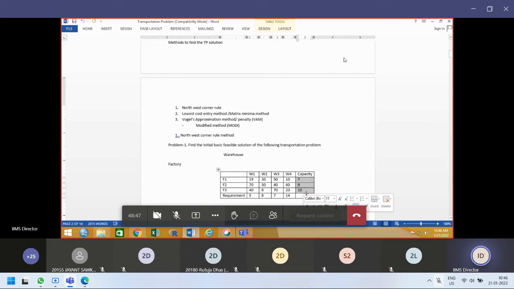But whenever you shift the goods from a factory to the warehouse, what is the availability? What is the scope? How much space is available in the warehouse? So here I can store 5 tons of material in warehouse 1, 8 tons in warehouse 2, 7 tons in warehouse 3, and 14 tons in warehouse 4.